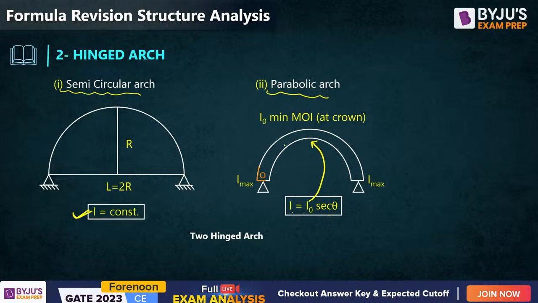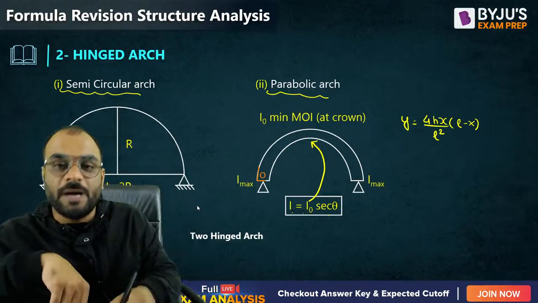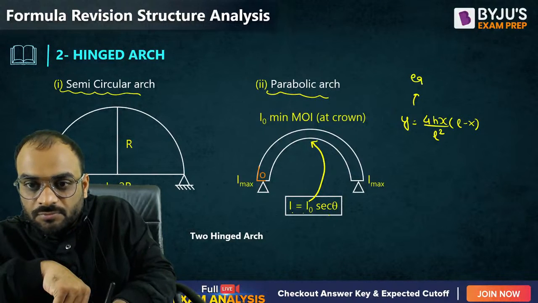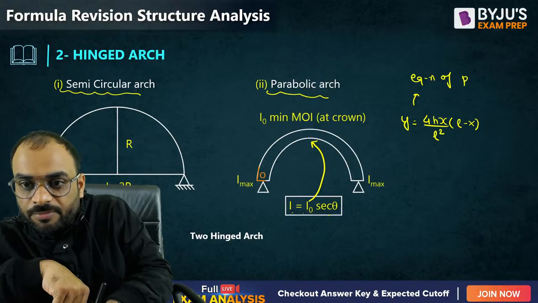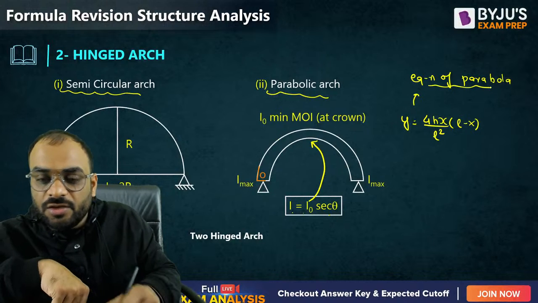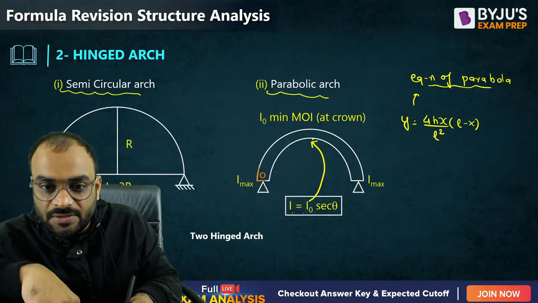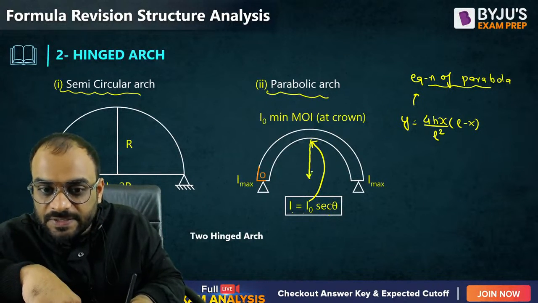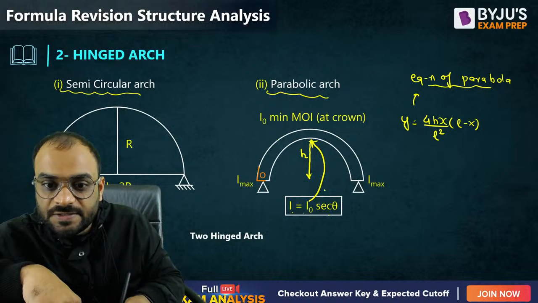तो थीटा कैसे निकालता है, बड़ा सिंपल है बच्चों. What is the equation of parabola? It is 4h into x divided by L square bracket L minus x. This is basically the equation of parabola, right, in which h is what? Rise. h is rise, central rise.